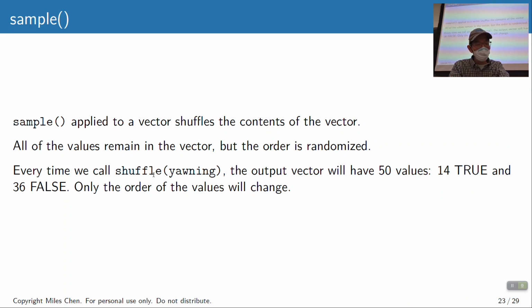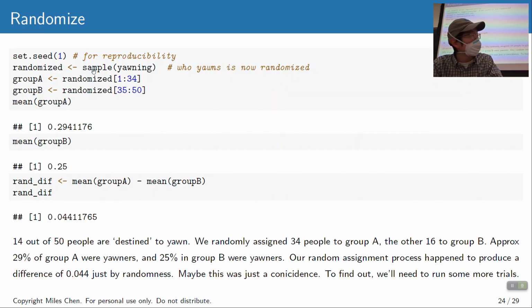Every time I call a shuffle on yawning, the output vector is still going to be length 50, and it's always going to have 14 true values and 36 false values, but the order will be randomized each time.